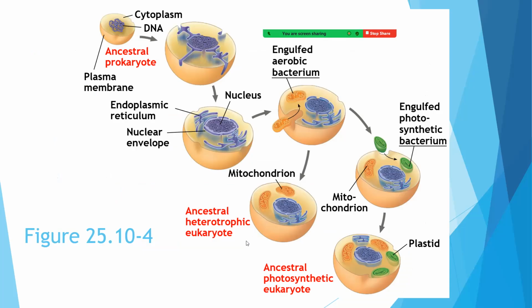This population went on to make the heterotrophic animal cells, and then another subset of these organisms went on to pick up a precursor photosynthetic bacterial cell that eventually became the chloroplast. And then these eukaryotic cells became photosynthetic. So they were able to perform photosynthesis, but then also cellular respiration as well.